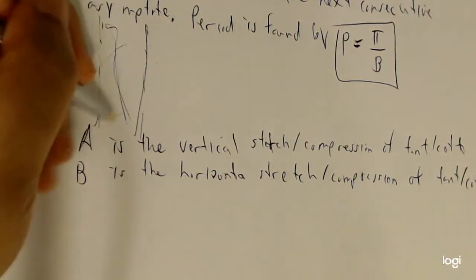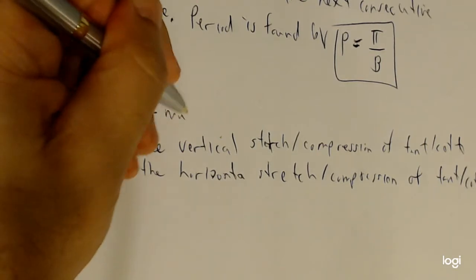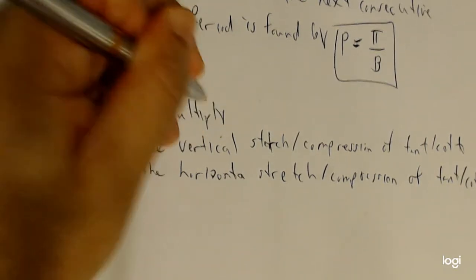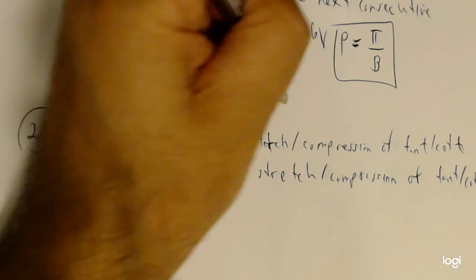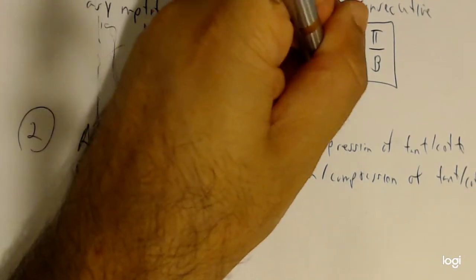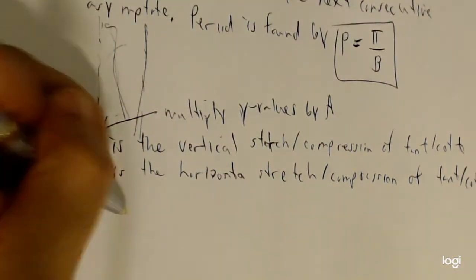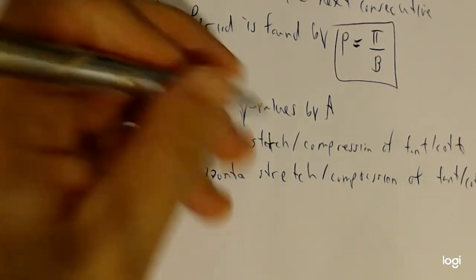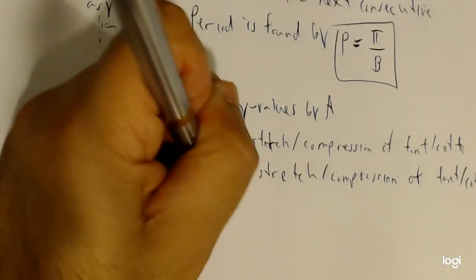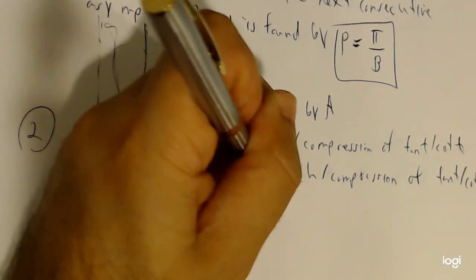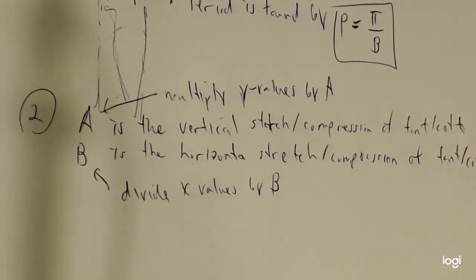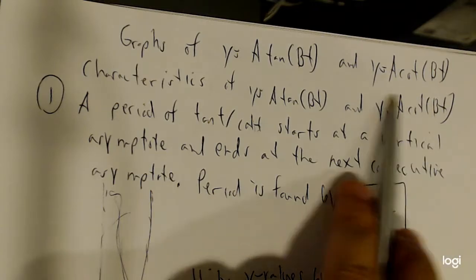So for this one, we multiply y values by a. This one, we divide x values by b. Okay, so that's basically what the a and the b in this equation up here are telling us to do.